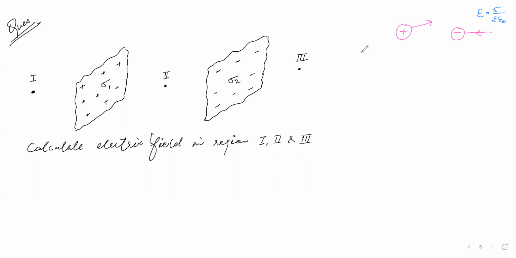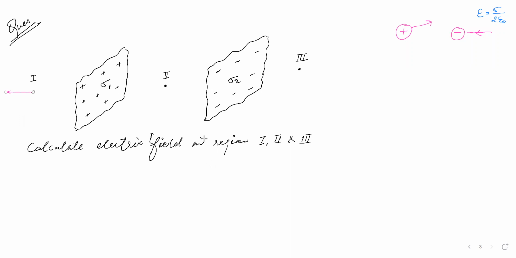Okay. Now, the direction in region 1 due to plate sigma 1 is away. This is the direction of the field in region 1. Do you understand or not?